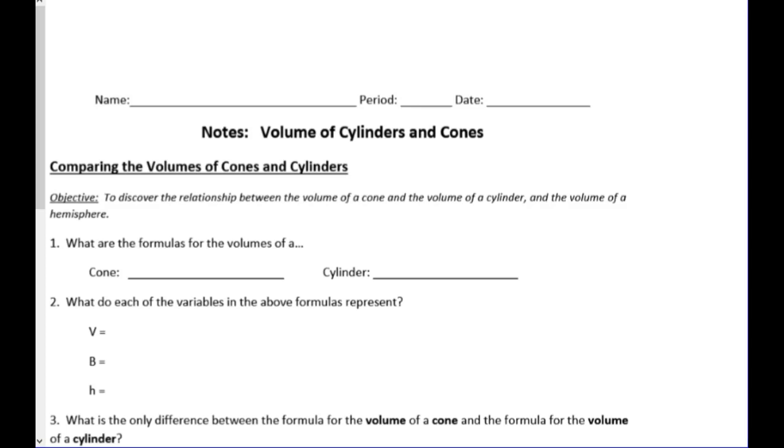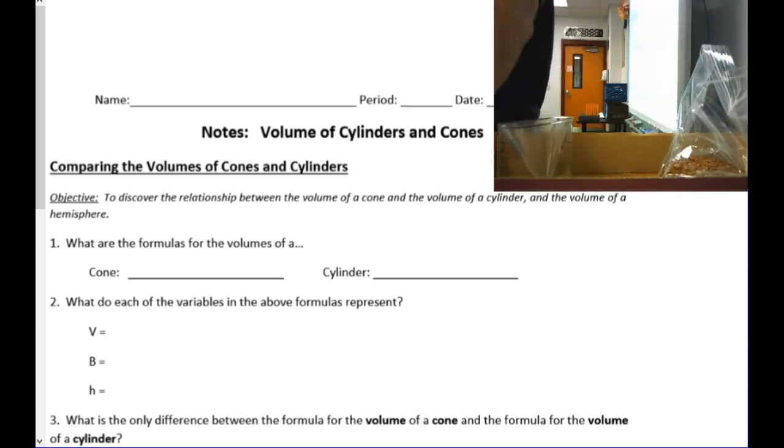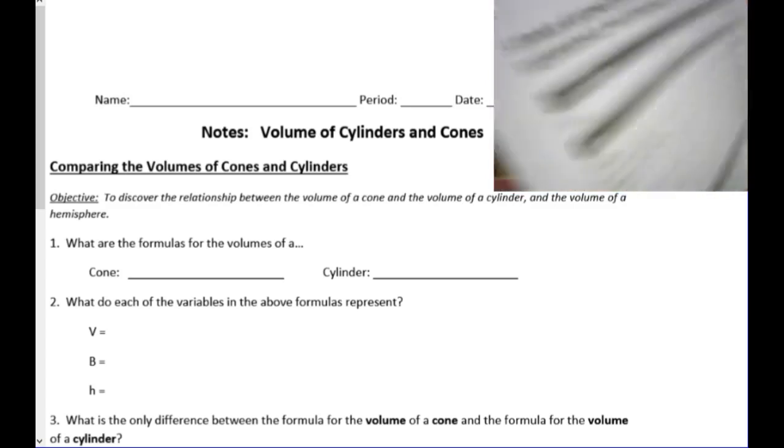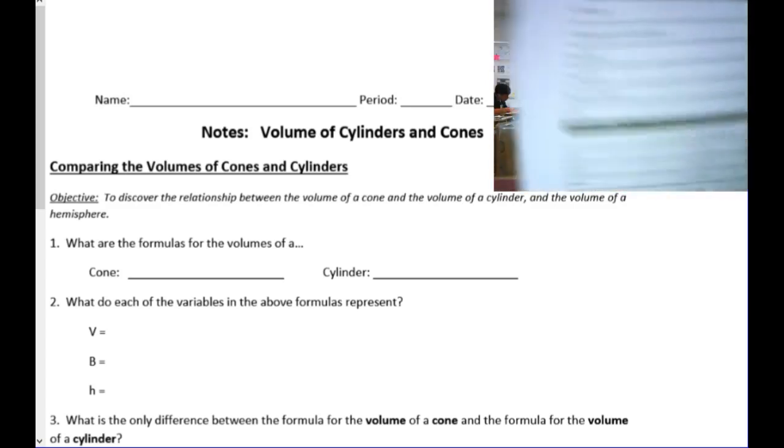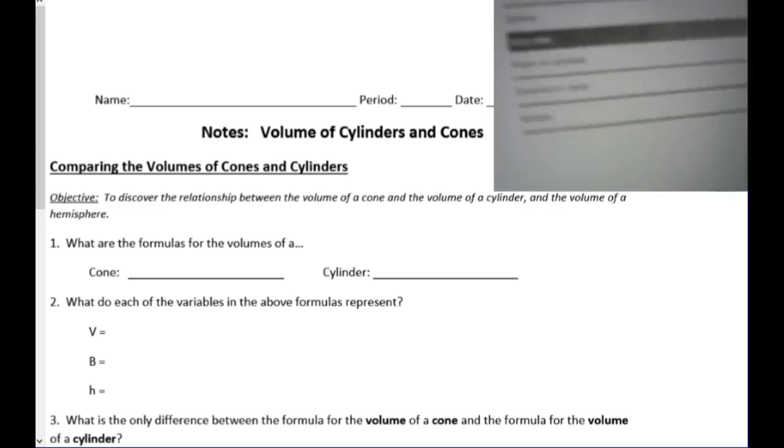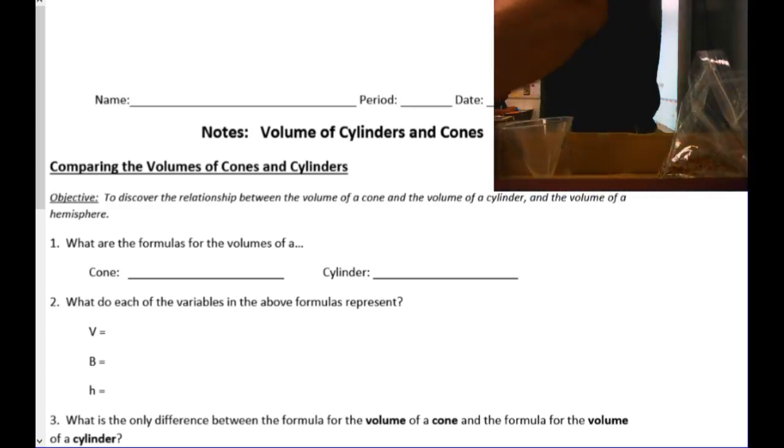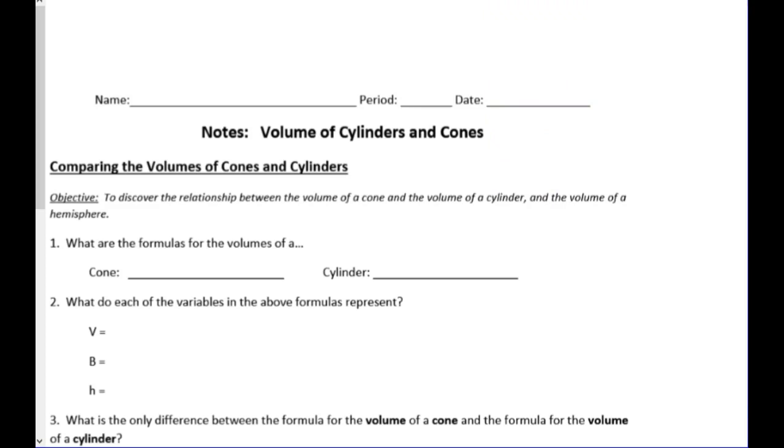So number one says, what are the formulas for the volumes of a cone and cylinder? Now, if you're wondering where we're going to have these in the future, remember our formula chart. It's going to be on there where it says volume near the bottom. For a cone, it says V equals 1/3 capital B H. So V equals 1/3 BH.